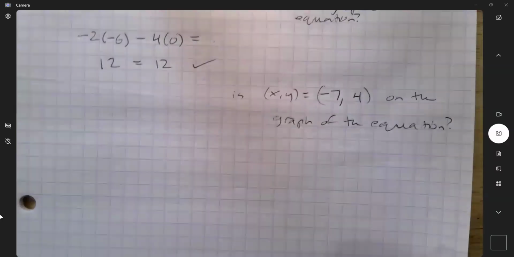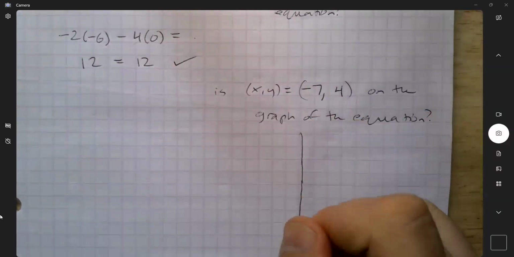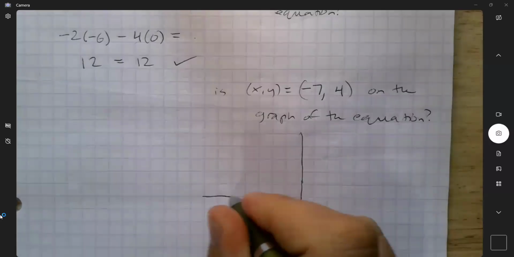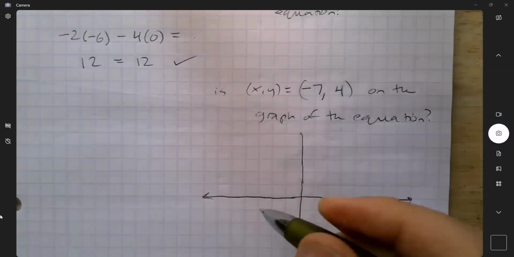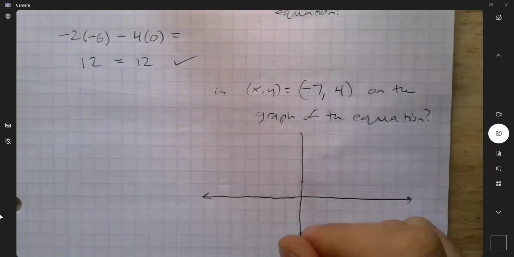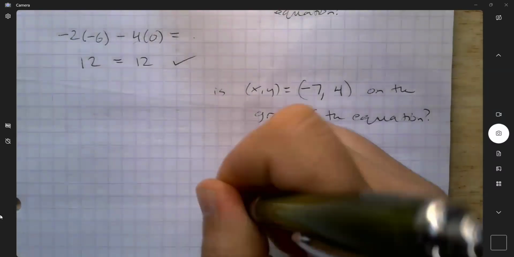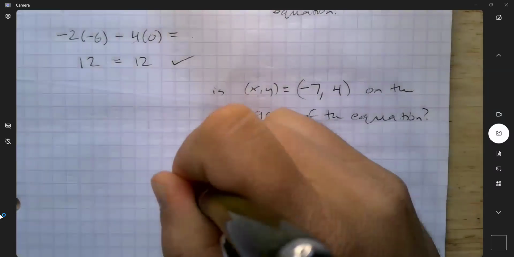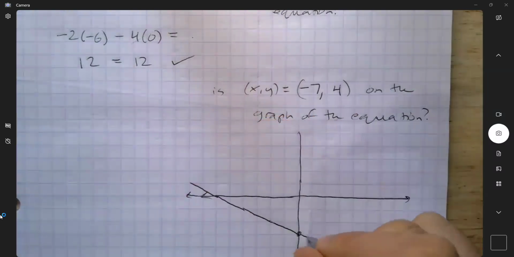Visually, if you have the line, it would be really easy to see. So let's just redraw it really quick. Okay, I have it over here. I'm going to bring it into the field of view. There it is.